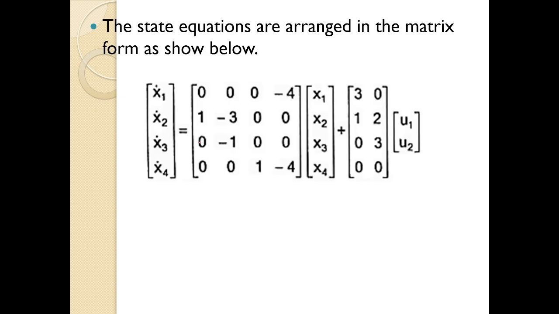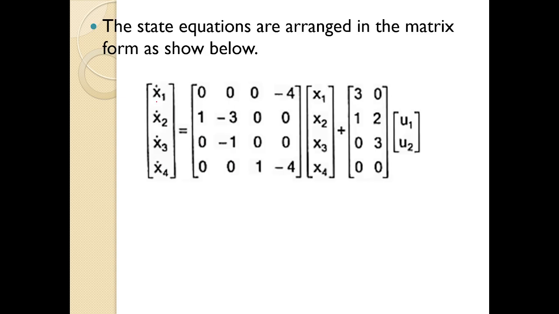Okay, so you can write all these equations together and you will get the state equations. Now we have got the state equations. Now you can write them in matrix form. So right hand terms and left hand terms, all those terms can be written in matrix form.